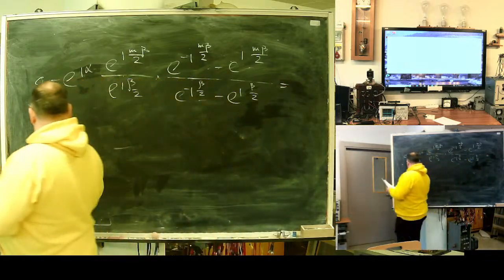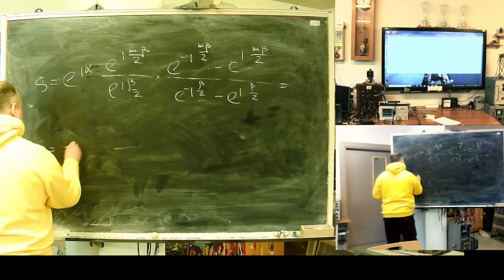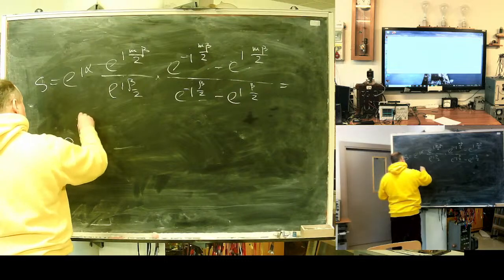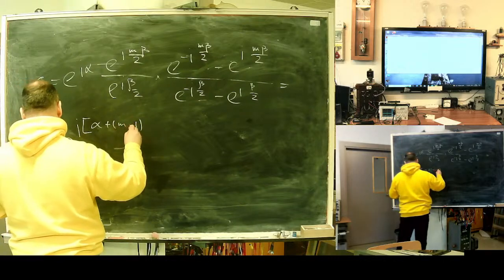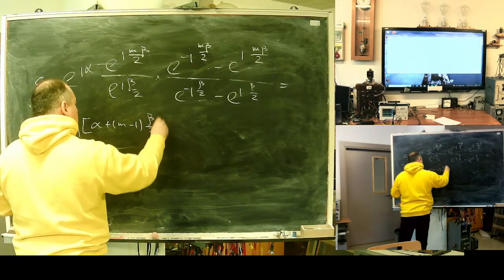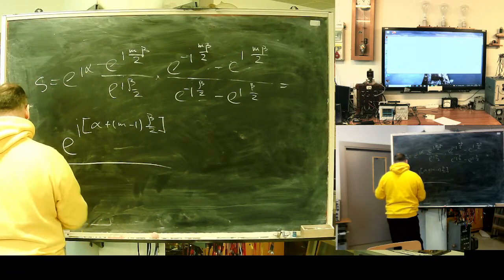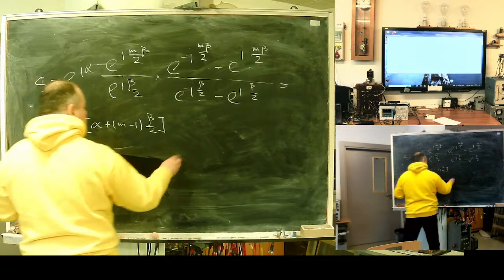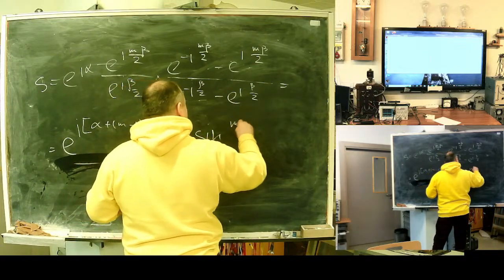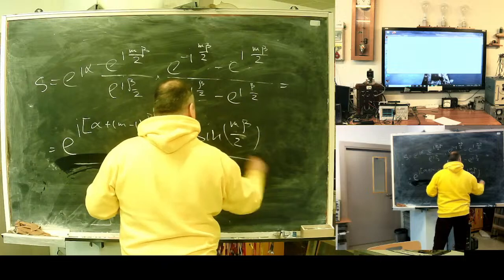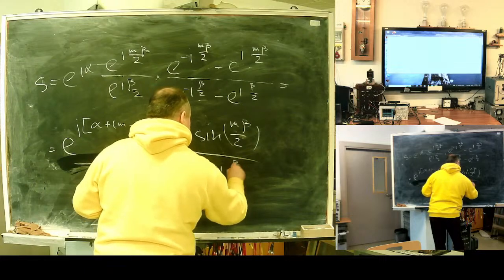This one equals e^(j(α plus (m minus 1)β/2)), multiplied by sine of mβ/2 divided by sine of β/2.